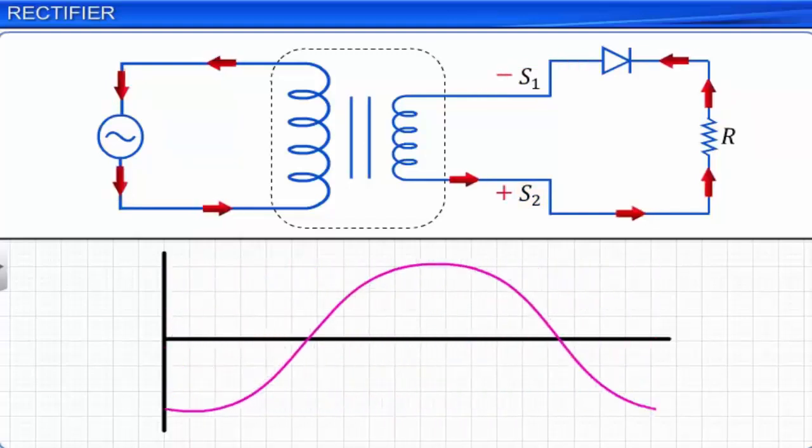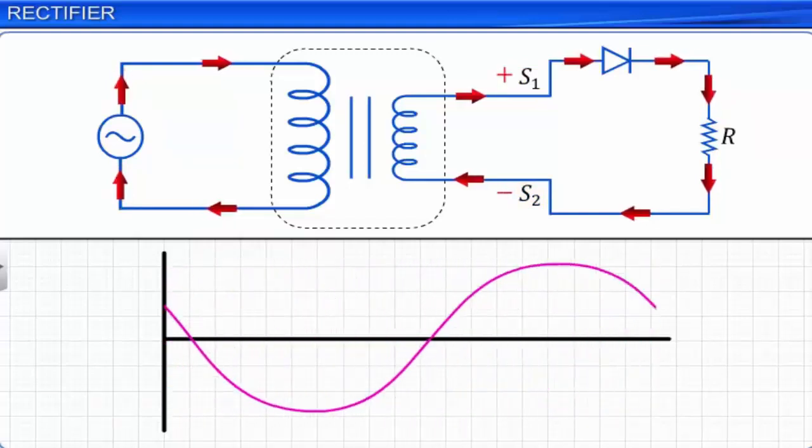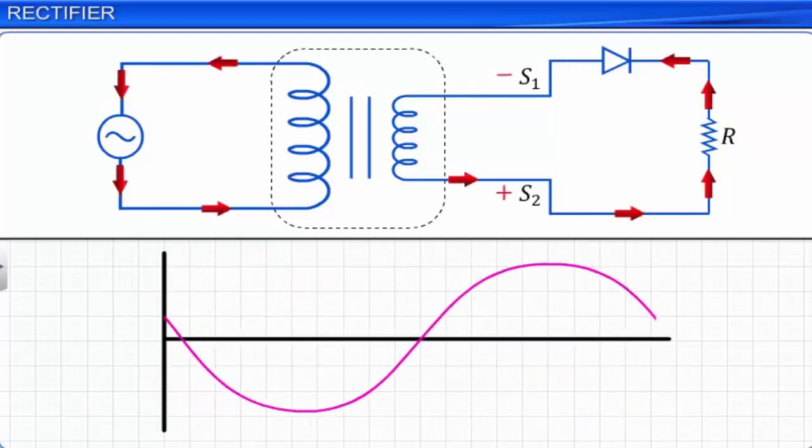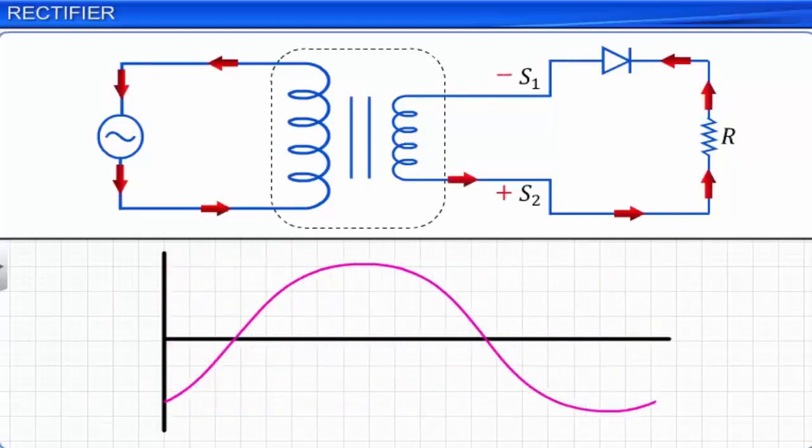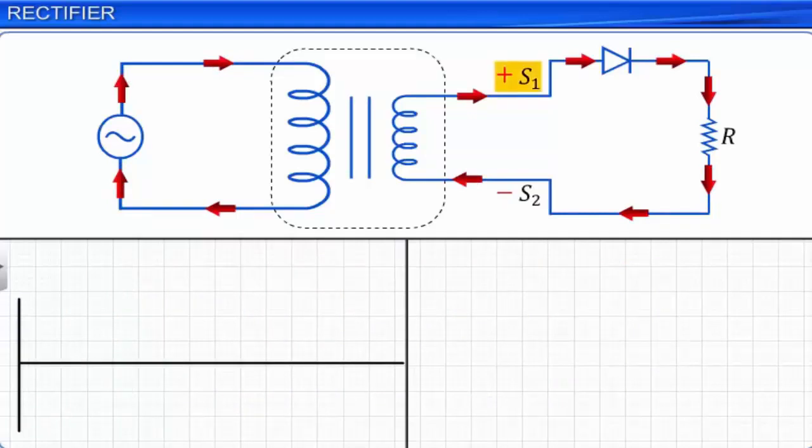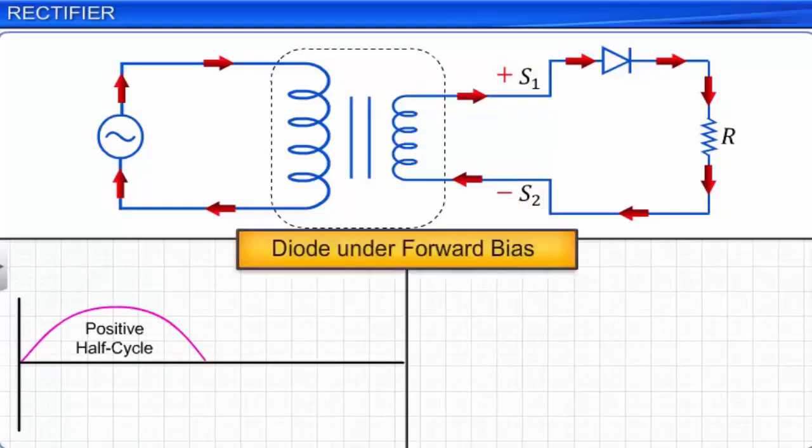When S1 is positive and S2 is negative, the diode is forward biased and allows current to flow through it. Thus, during the positive half cycle, current flows through the load resistance and we get a voltage output across R as shown.